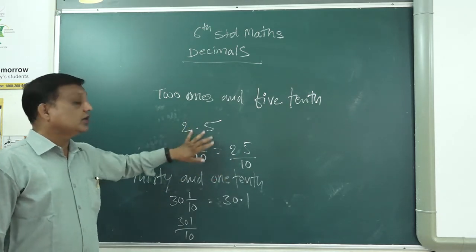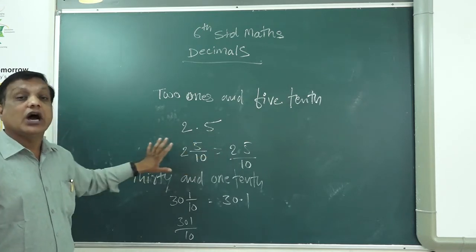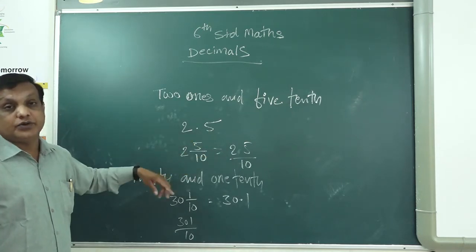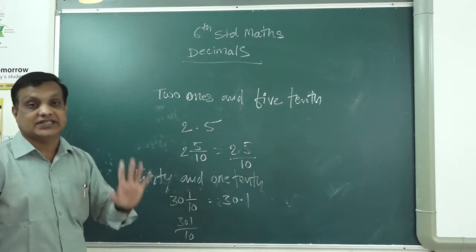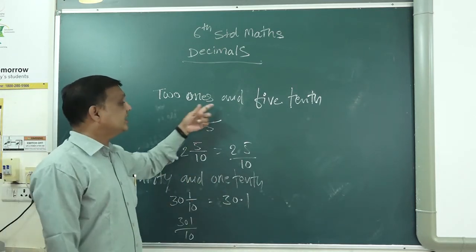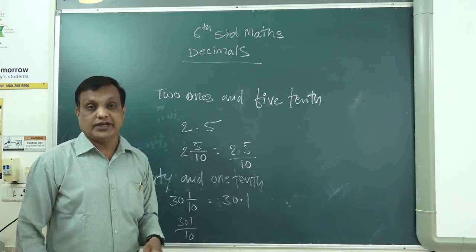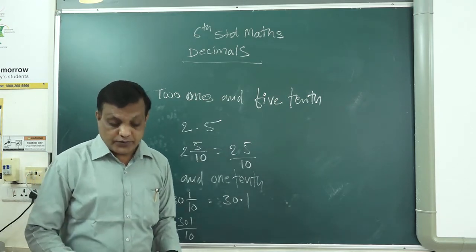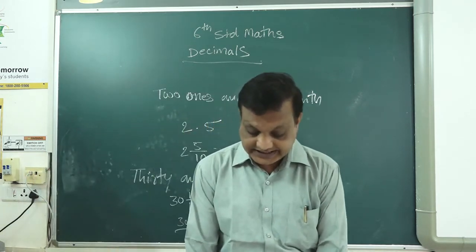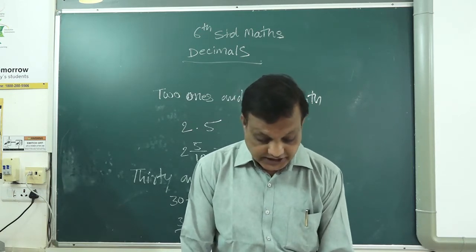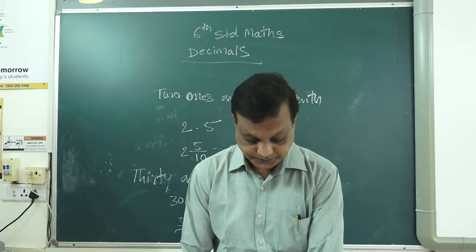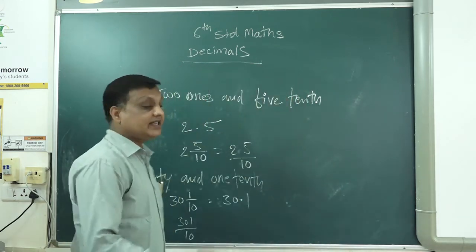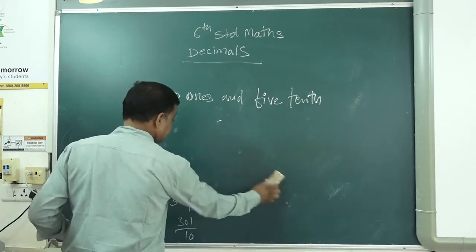So you have to be very careful how to convert decimals into fractions and fractions into decimals, vice versa, and how to write the number name. That is most important. Now the next topic we will see is addition and subtraction of decimals.